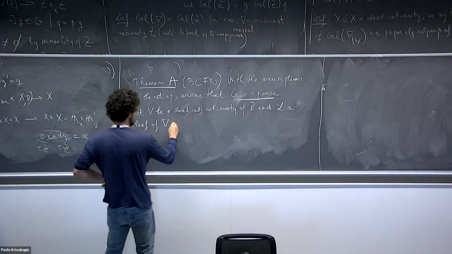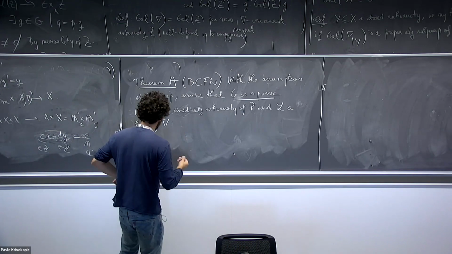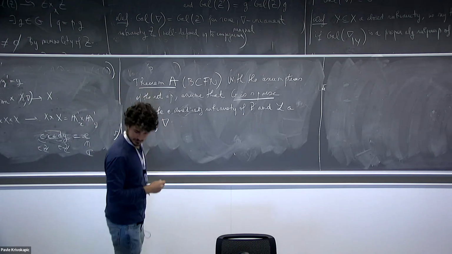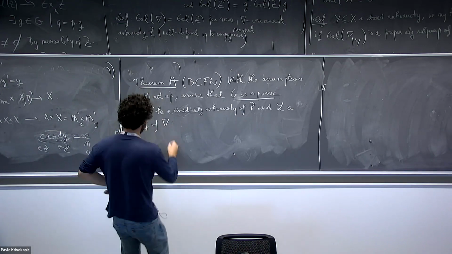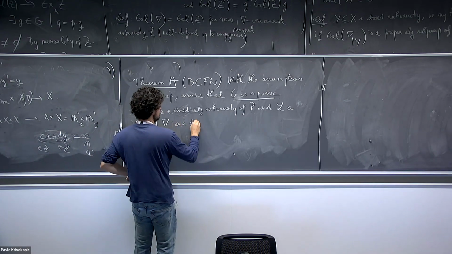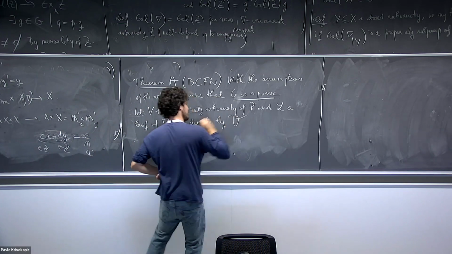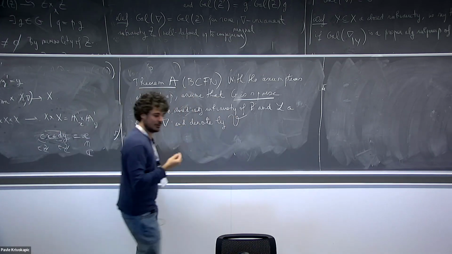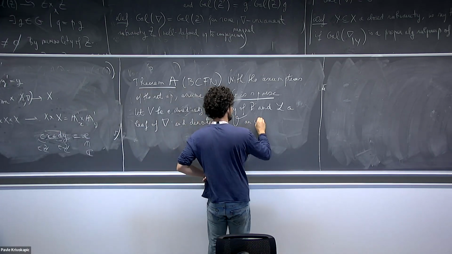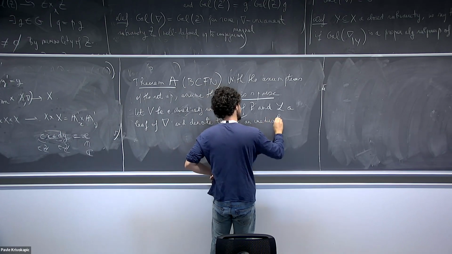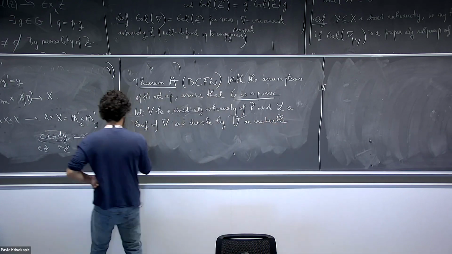And so consider, and denote by curly V an irreducible component of the intersection.